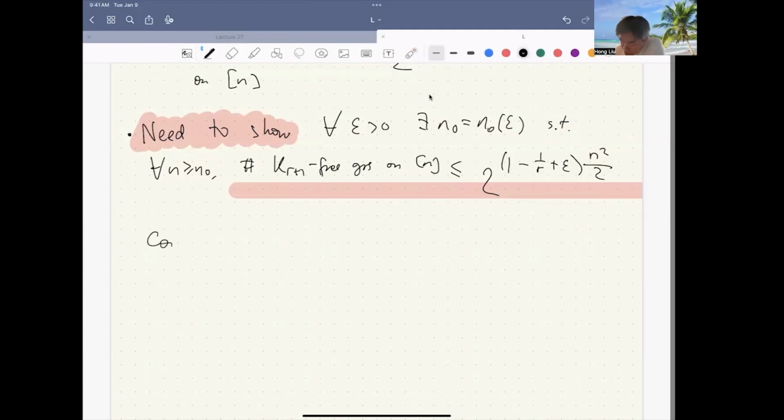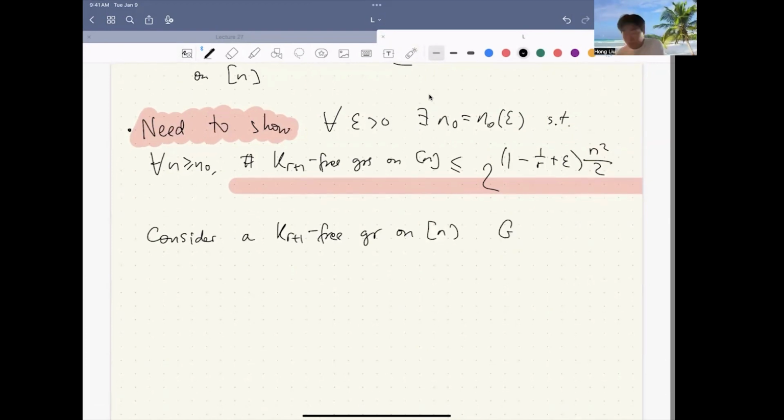So consider a K_{r+1}-free labeled graph on the first n integers. Let's call it G. Now what we're going to do is apply the regularity lemma.